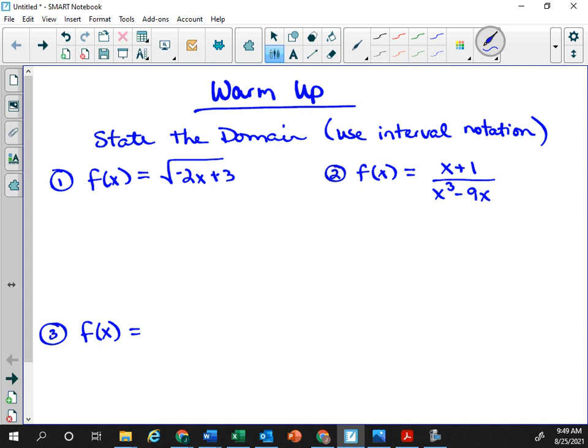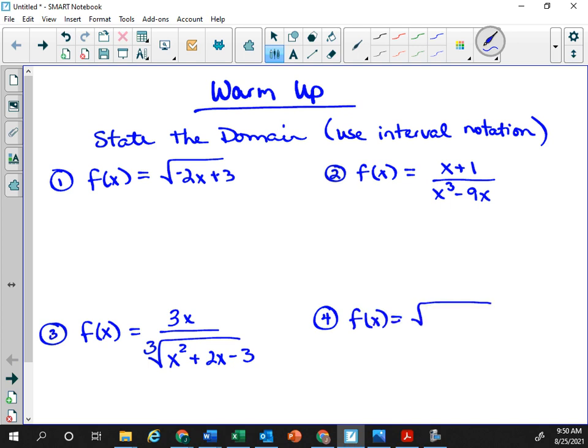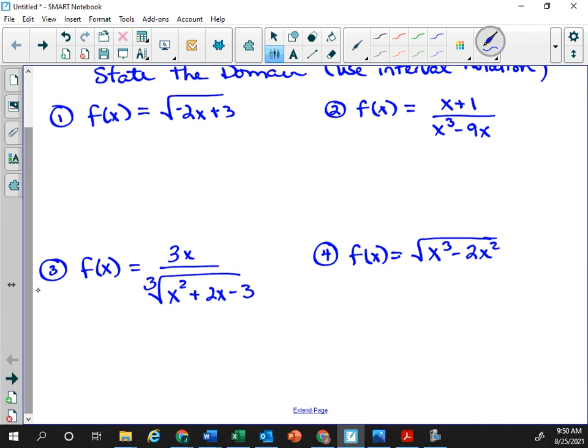Give you some different ones here, guys. Some rationals, some radicals. Kind of a long warm-up today.